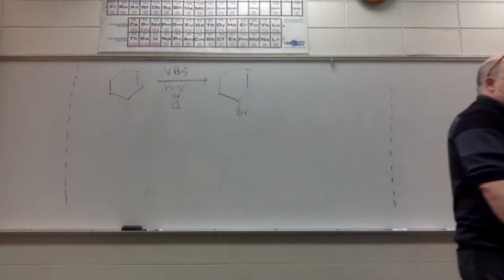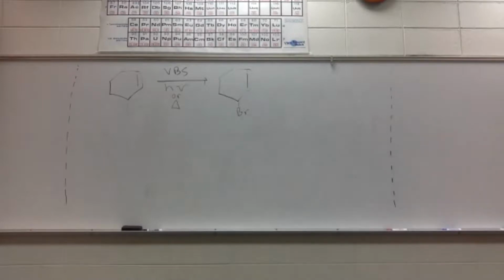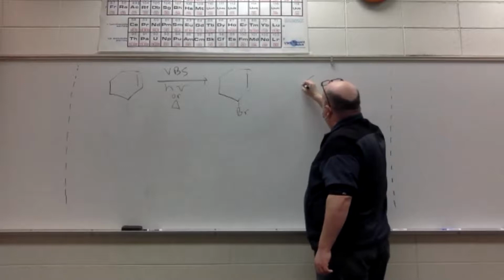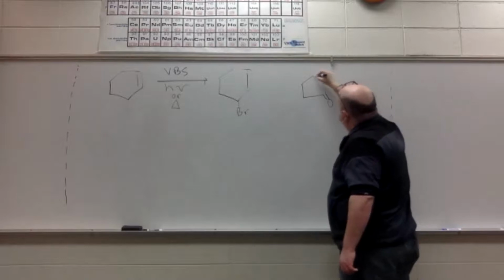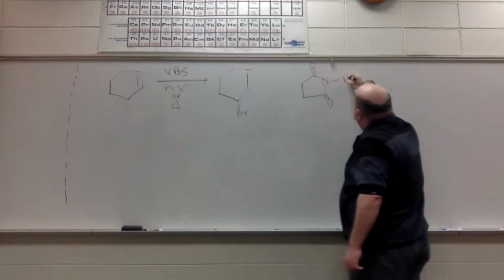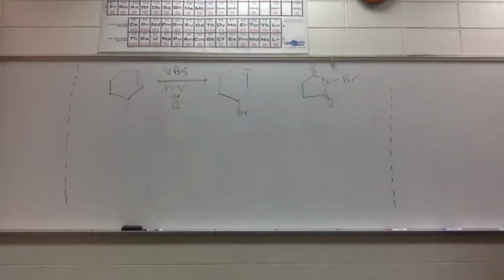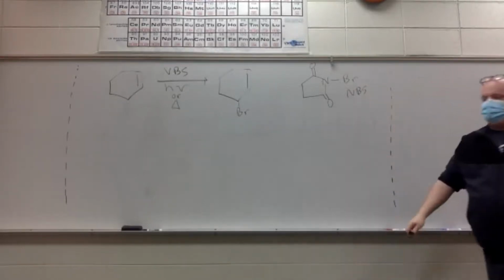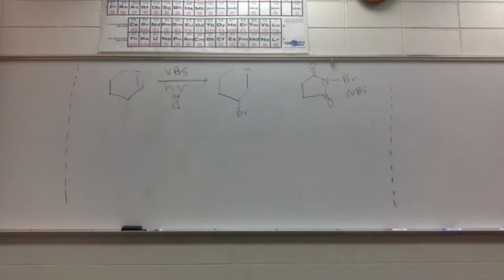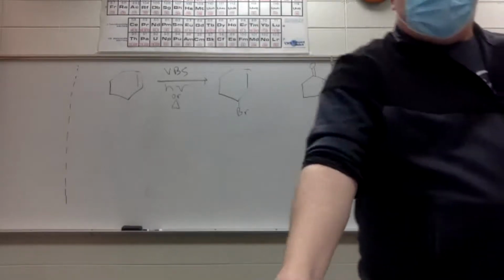NBS stands for N-bromosuccinimide, and here's the structure of it. It's definitely kind of different looking. But basically, NBS gives us a source of bromine that's not Br2. We can take advantage of this to work around that double bond.